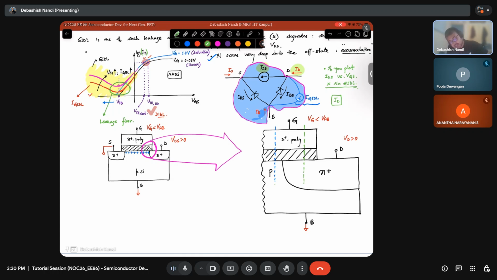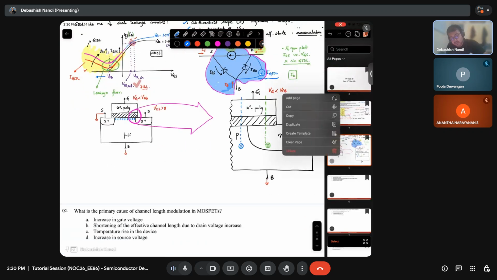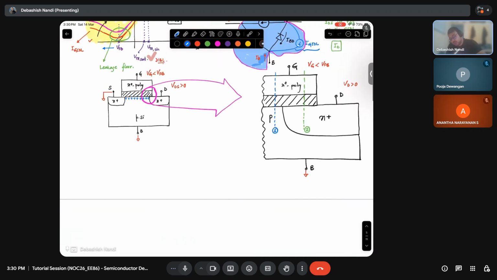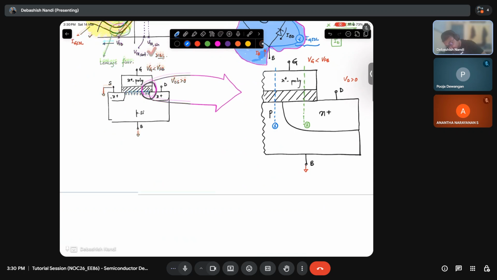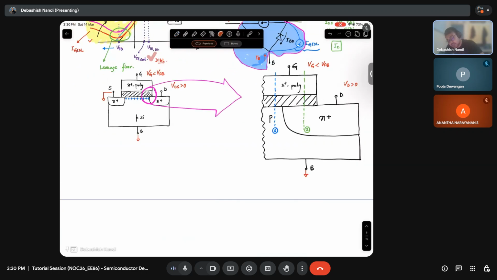So let's say this is 1, this is 2, and this is 1. The band diagram of case 1 is well known to you. So how will the band diagram of case 2 look? Just let me copy this.